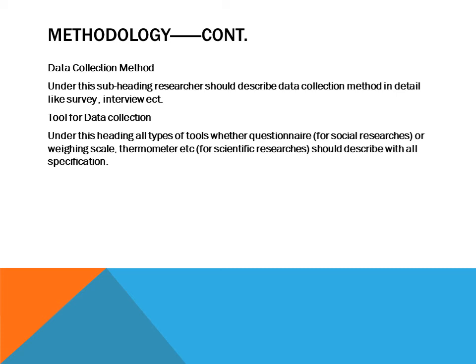These are the tools. Under this heading, all types of tools, whether questionnaires for social researches or the weighing scale or thermometer for scientific researches, should be described with all their specifications: which version of the tool you are going to use, how you are going to use it, and if the author of the tool is different, you will take permission from the author.